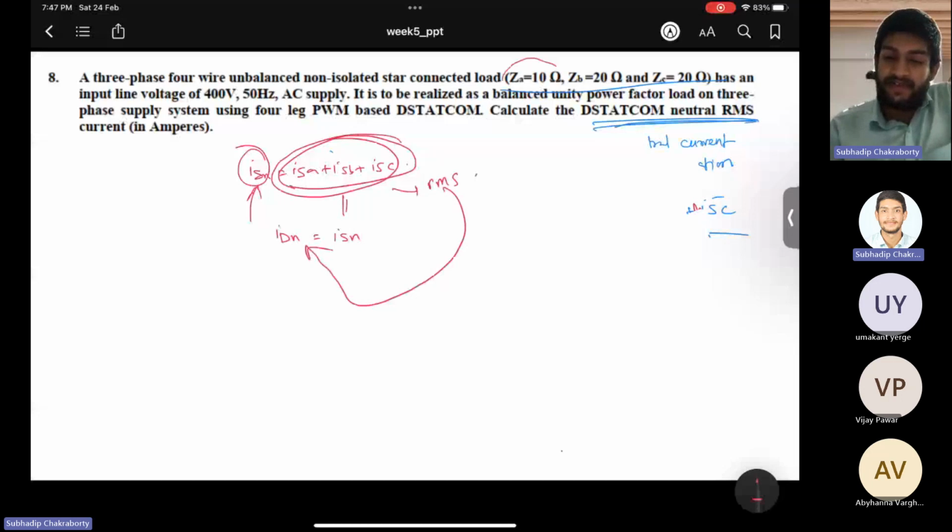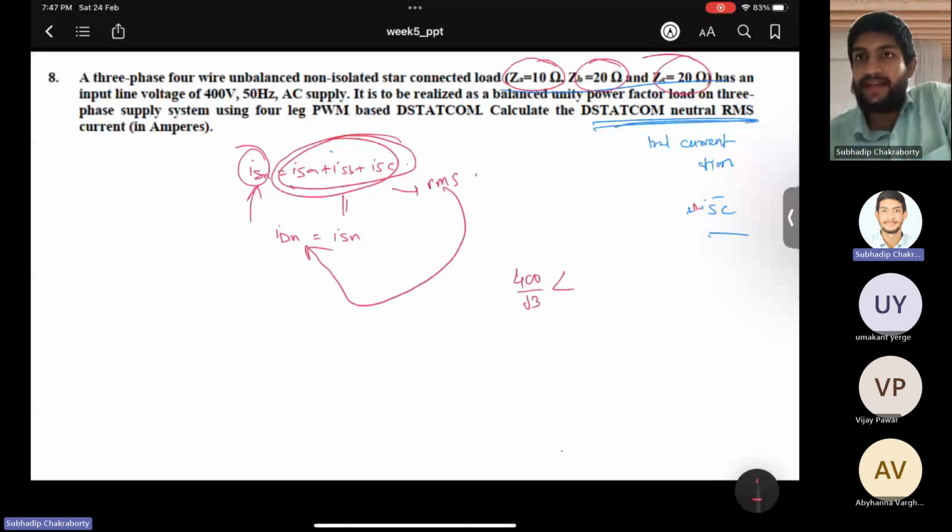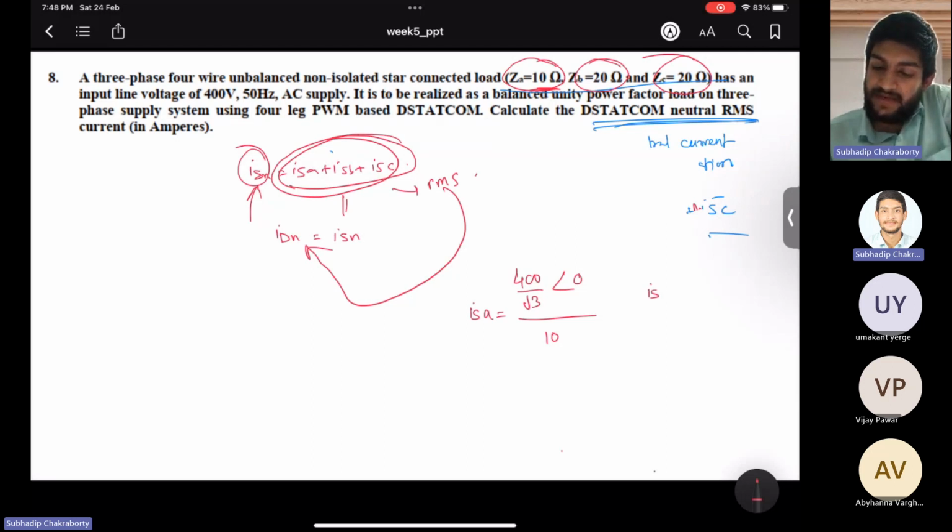And it is easy. You have the loads given, which is 400 by root 3 per phase at an angle. So consider the angle. Don't just add it, because this angle matters, right? So 400 by root 3 angle 0 is the first voltage divided by only 10 ohm, so no angle. So this is ISA. ISB is what? 400 by root 3 at an angle minus 120 degree divided by 20.